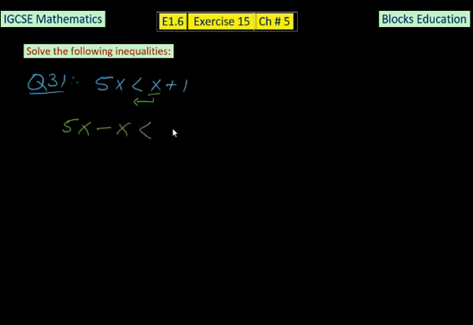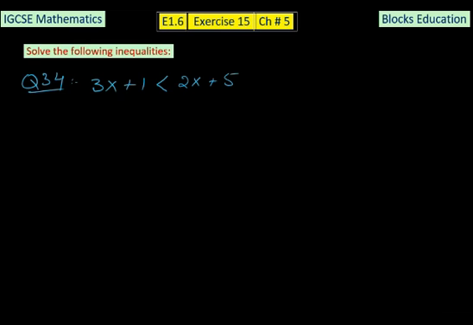The inequality stays like this, and plus 1 is already there; we don't write plus if it is on the extreme left. Now 5x minus x makes 4x less than 1. Because we have to make x alone and 4 is multiplying here, when we move 4 to the right side it will be divided, so x is less than 1 over 4. This is the answer.